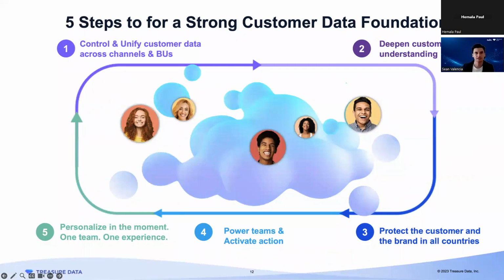So starting from the top, okay, how do we really get that good data foundation? What we've seen is there are 5 key steps in this process. First, it starts with purely the unification: bringing all that data into one place. Then once it's been unified, we're going to start to focus on deepening the customer understanding.